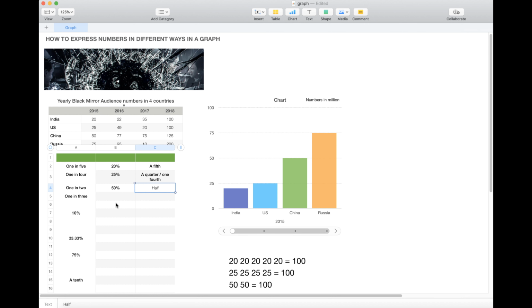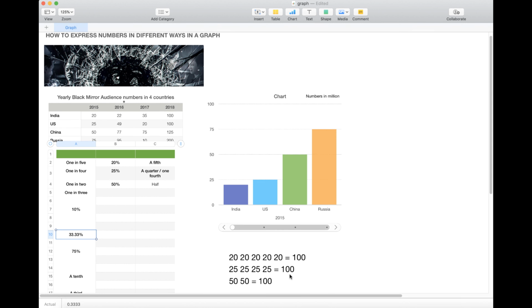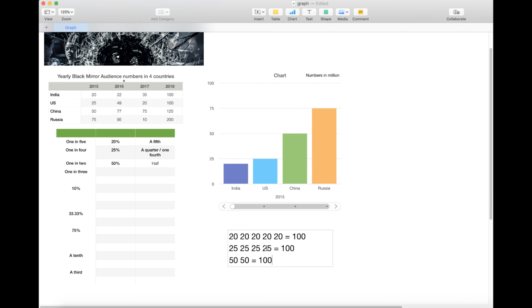A half. 1 in 3 here is 33.33%, because if you want to look at it mathematically, it would be 33.33 plus 33.33 plus 33.33 equals about 100. So approximately 100%. Okay.